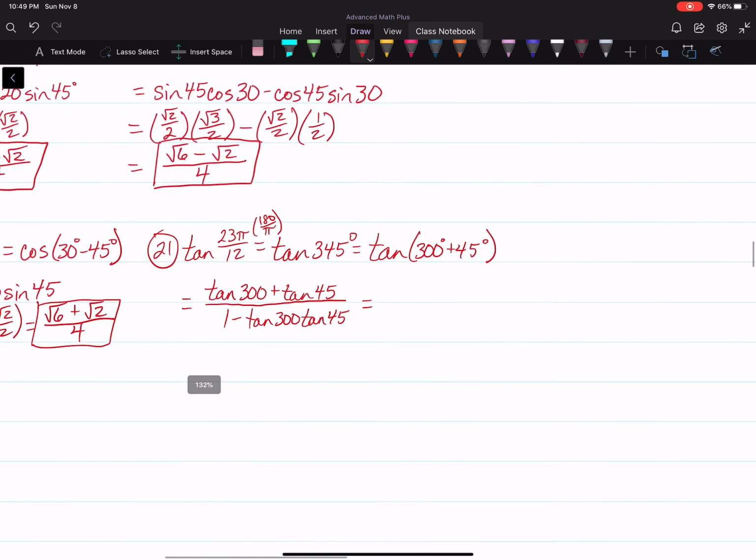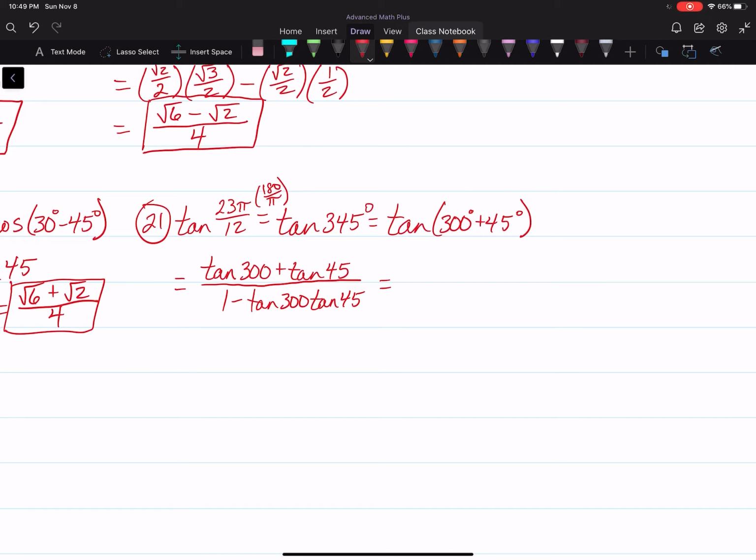So the tangent of 300 would be negative square root of 3, plus tangent of 45 is 1, over 1 minus negative square root of 3 times 1.